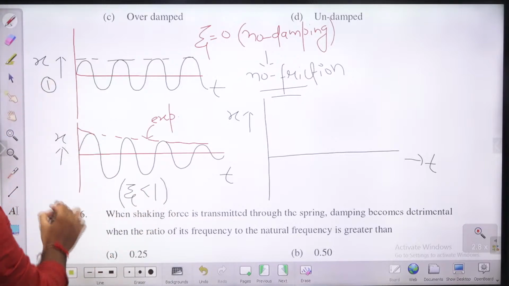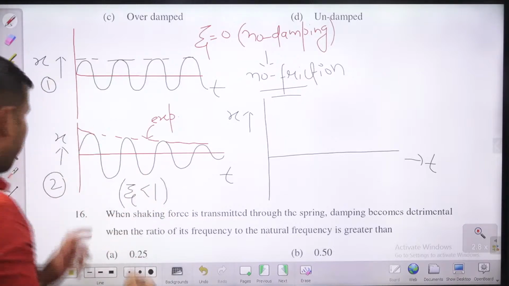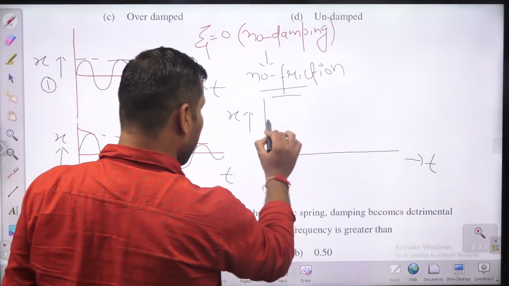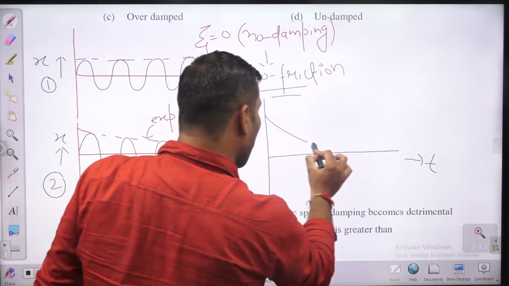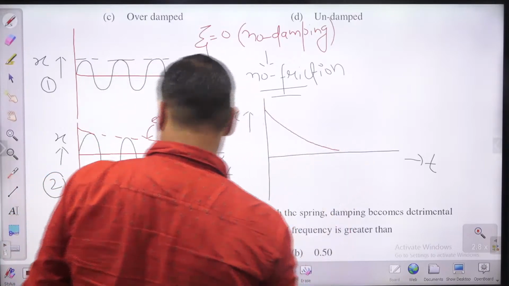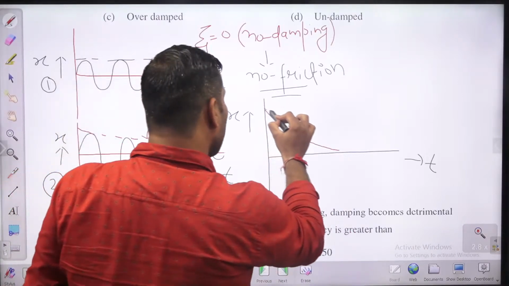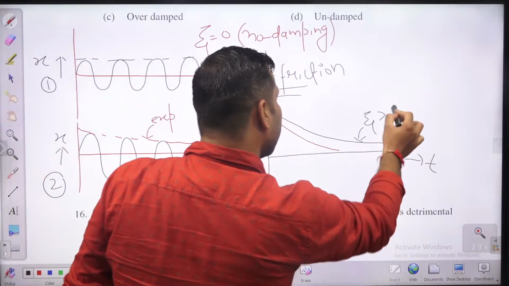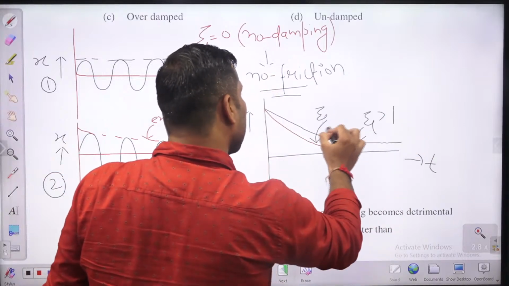Case 1 is for no damping, case 2 is for underdamping. Cases 3 and 4 I'm showing on the common page. Some kind of plot you will get for critically damped, and for overdamped you will get something like this. This is for zeta greater than 1, and this is for zeta equal to 1.